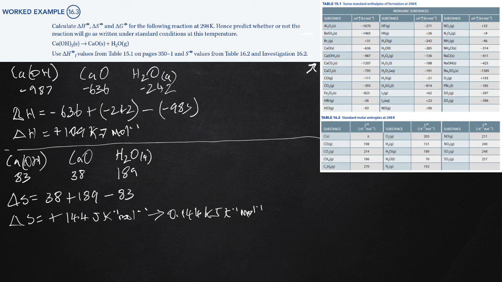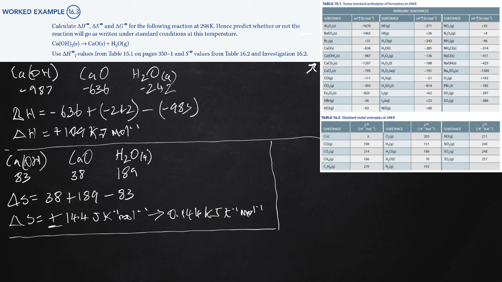Okay, so we have a plus value for our delta S, plus 144 joules or plus 0.144 kilojoules. So if it's a plus value, we've just increased the amount of entropy. Okay, so that's our value there for change in entropy. So we have an endothermic reaction that is creating disorder.